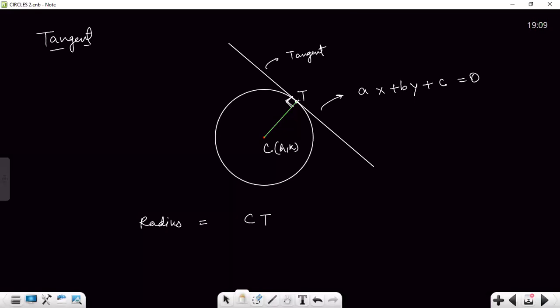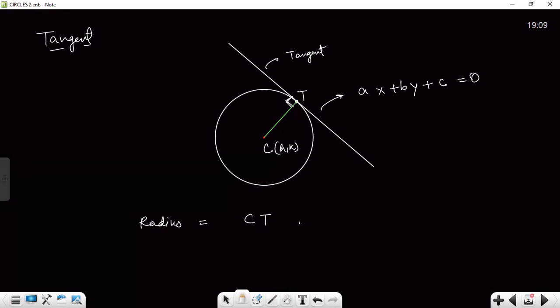If we do not know the coordinates of T, and we only know the equation of the line, then we can use the formula for the distance between a point and a line, which, if you remember, is the perpendicular distance, the shortest distance. In this case, the perpendicular distance will be the radius.